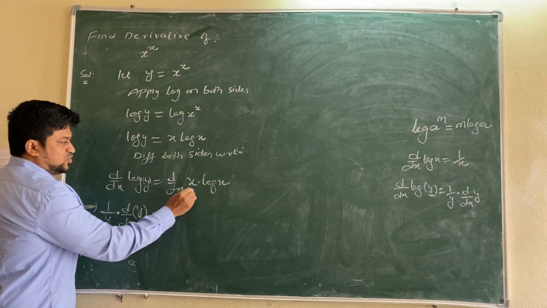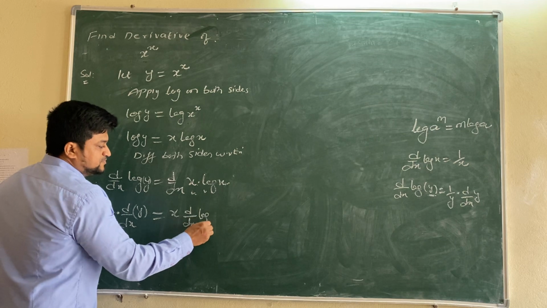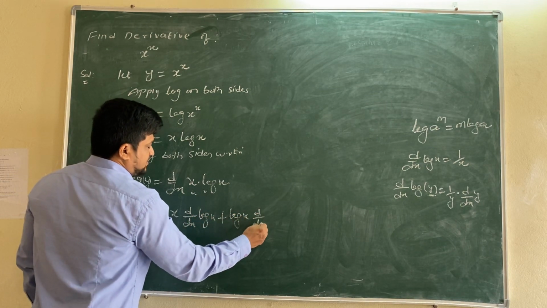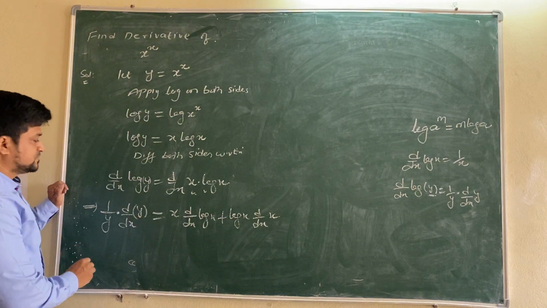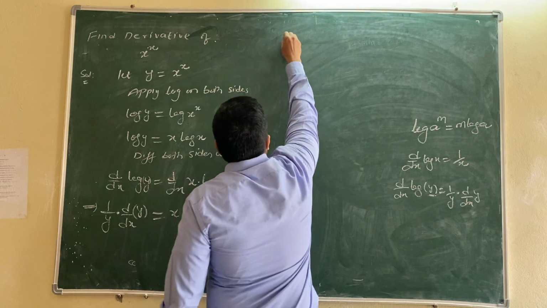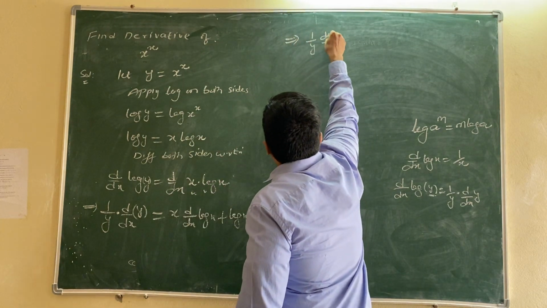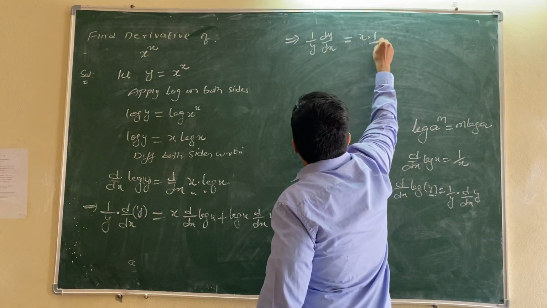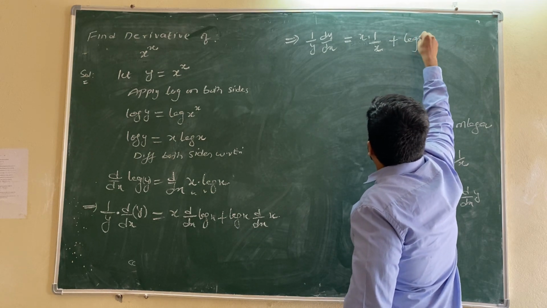The right side is in UV form: U derivative of v plus v derivative of u. So 1 by y dy by dx equals x into 1 by x plus log x into 1.